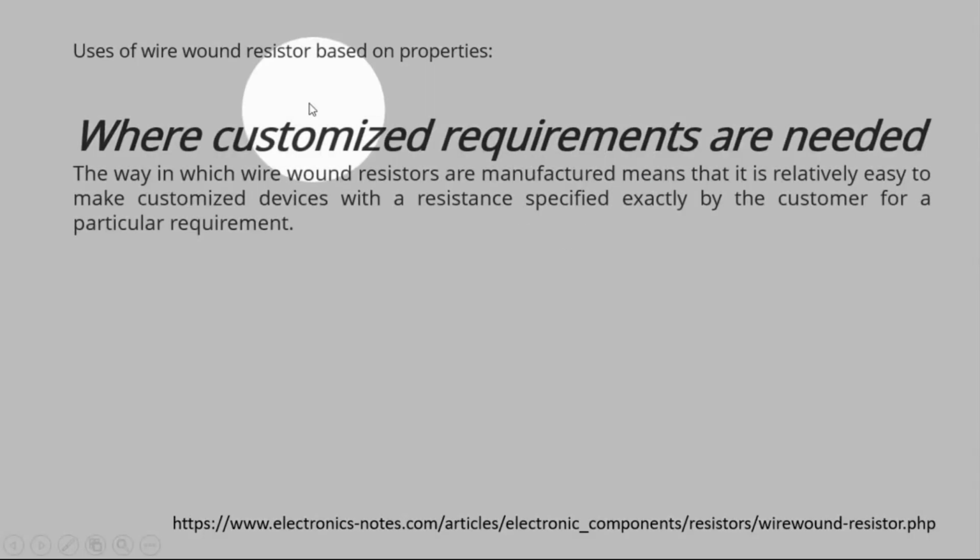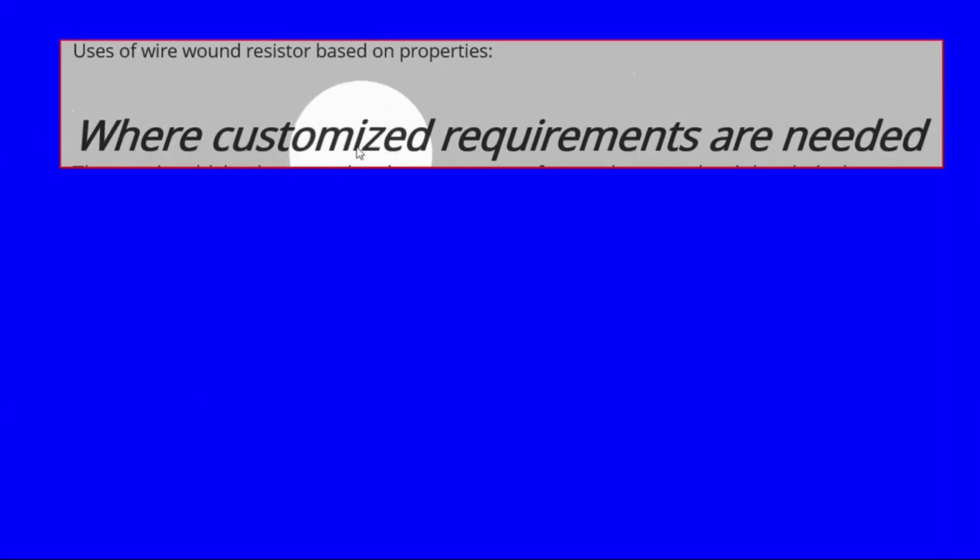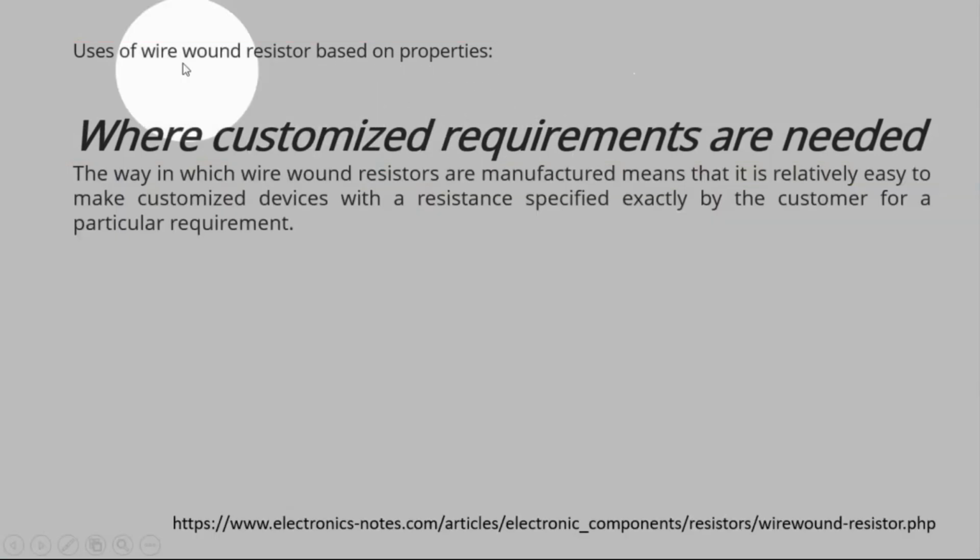And the other one is, if you are dealing with a system where customized requirements are needed, the Wirewound resistor is the best because it is relatively easy to manufacture customized devices, specifically to the resistance required by the customer for a particular project requirement.